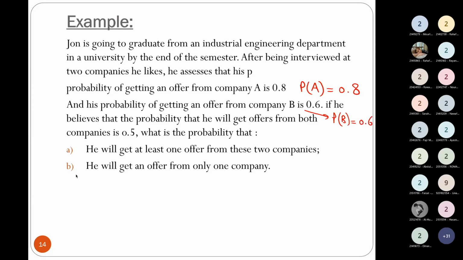If he believes that the probability that he will get offers from both, A and B, the intersection, equals 0.5.